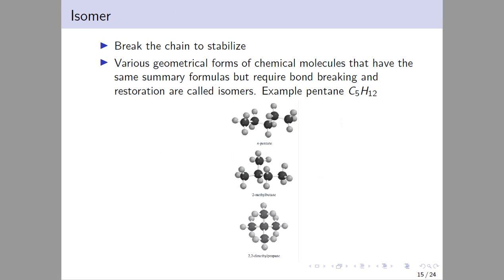Next we have again the isomer. The isomer is a various chemical form of a chemical molecule that has the same molecular formula but requires bond breaking and reformation. That is called an isomer. The example is pentane, C5H12. Here we can see 5 carbons, and this one has 4 bonds, and this C atom has 3 bonds.